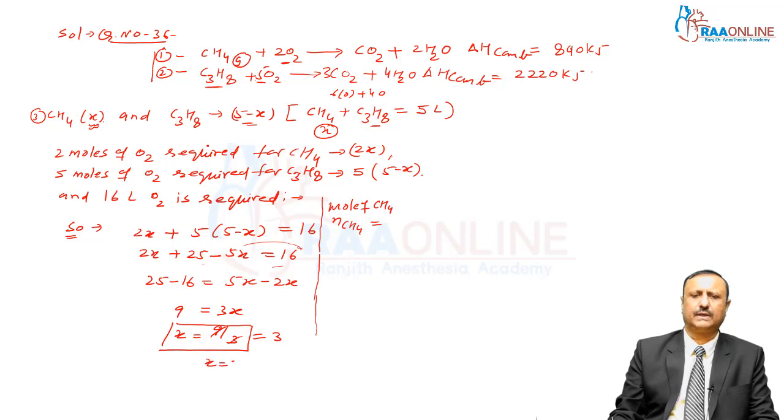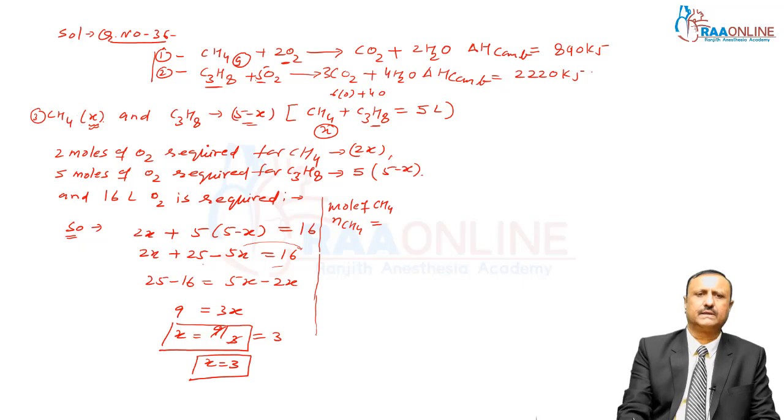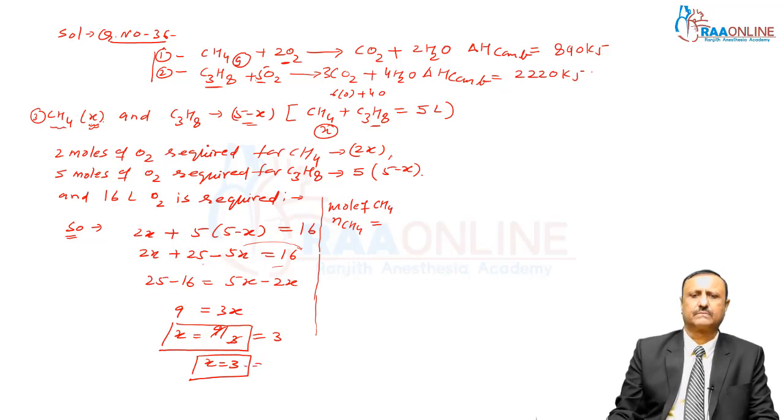So x is equal to 3. What is x? We take the x for methane. So you can call this 3 moles of methane. 1 mole of methane gives 22.4 liter of gas. So 3 moles of methane equal 3 into 22.4 liter volume.